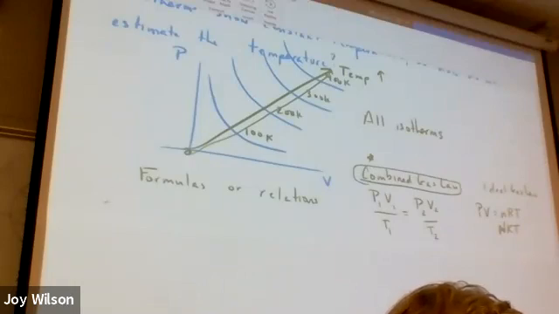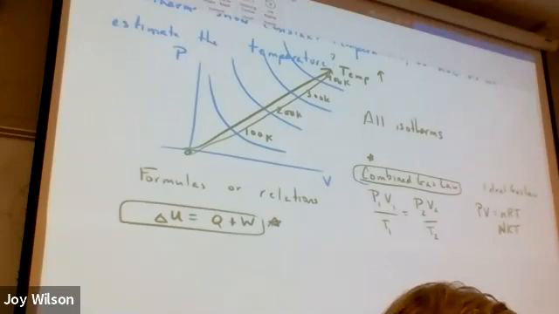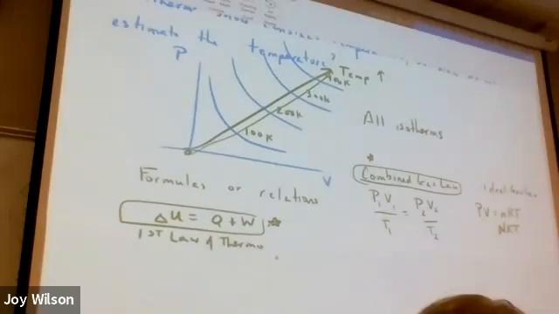The second one we use the most is the first law of thermo, which is delta U equals Q plus W. This is the first law. And then delta U is 3/2 KT.